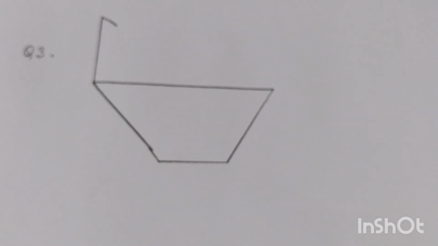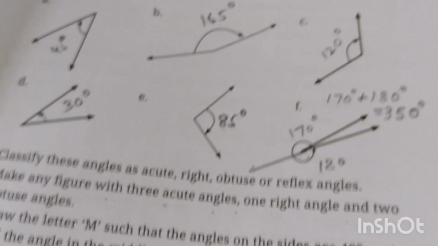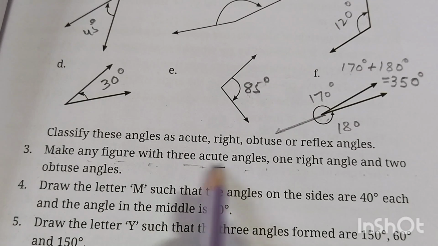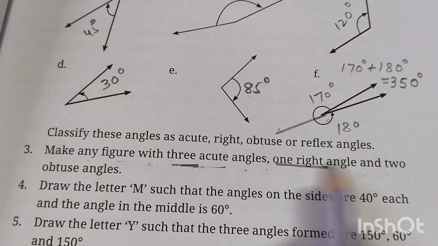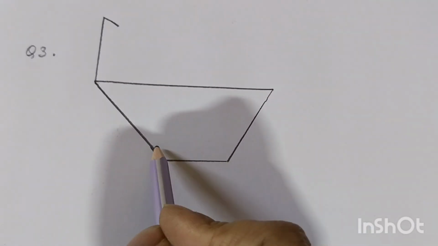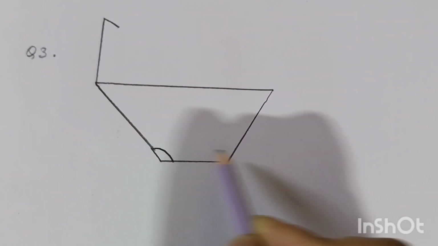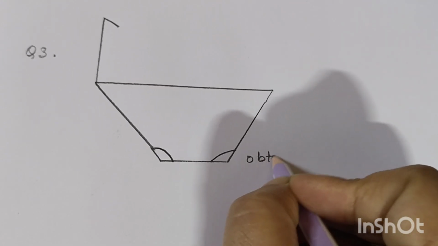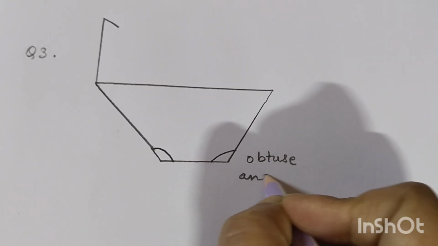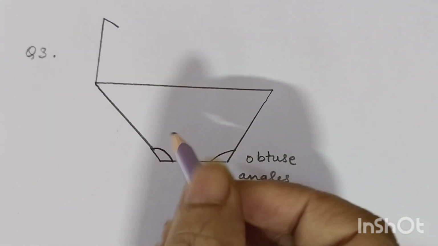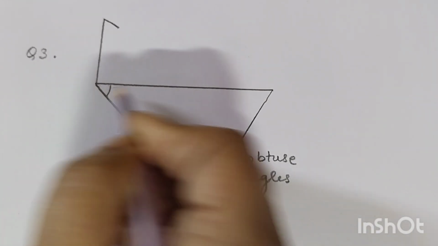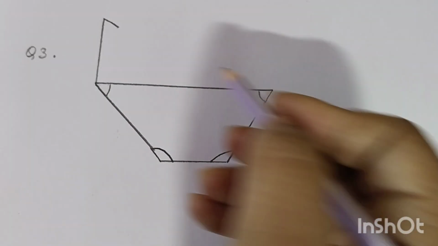Now, what is your question? Your question is, make any figure with 3 acute angles, 1 right angle and 2 obtuse angles. Here, these are 2 obtuse angles, and these are 2.